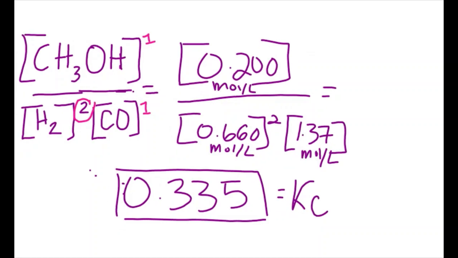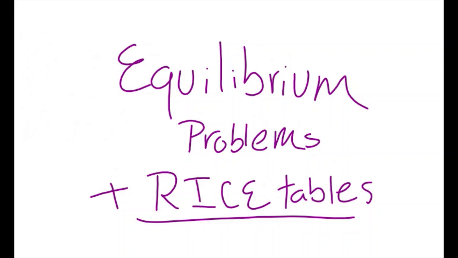Plugging in our equilibrium concentrations, we get 0.200 moles per liter over 0.660 moles per liter squared times 1.37 moles per liter, getting our final Kc value to be 0.335.